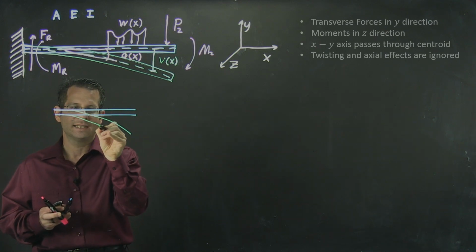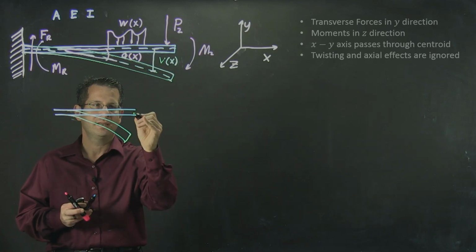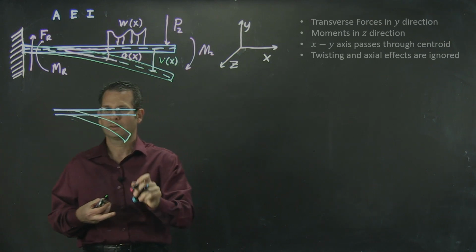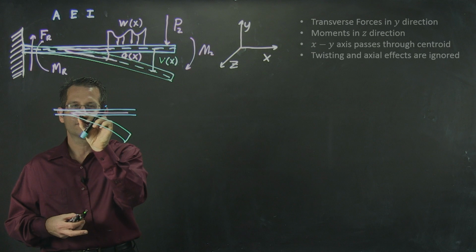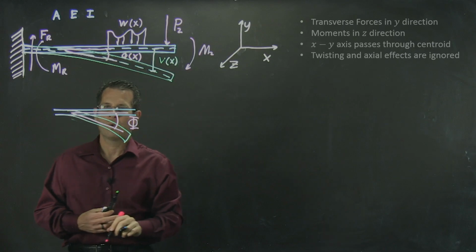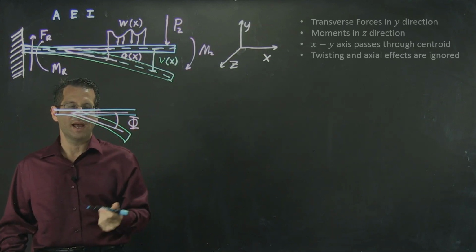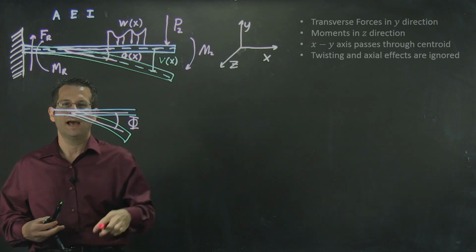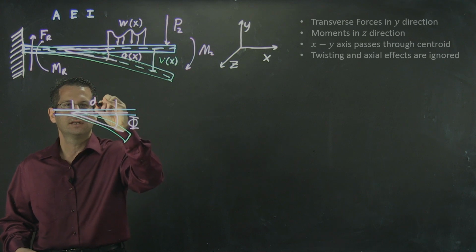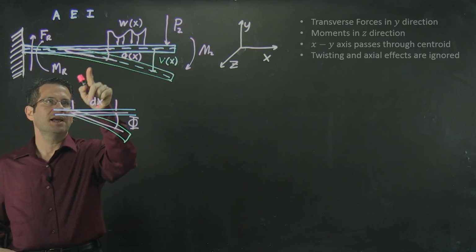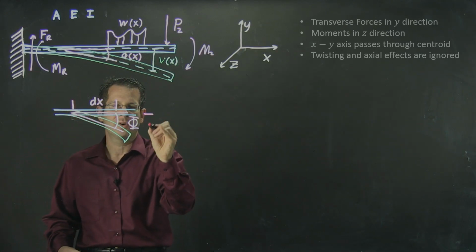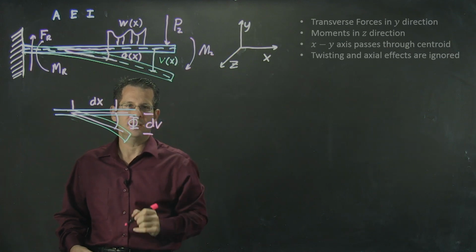I am greatly exaggerating the amount of bending for the purposes of defining what this angle phi is. All right, if I want to find the angle phi at this point, I can approximate that by looking at some small change in my x position, dx, and my y position will change from here to here by some small amount we'll call dv.